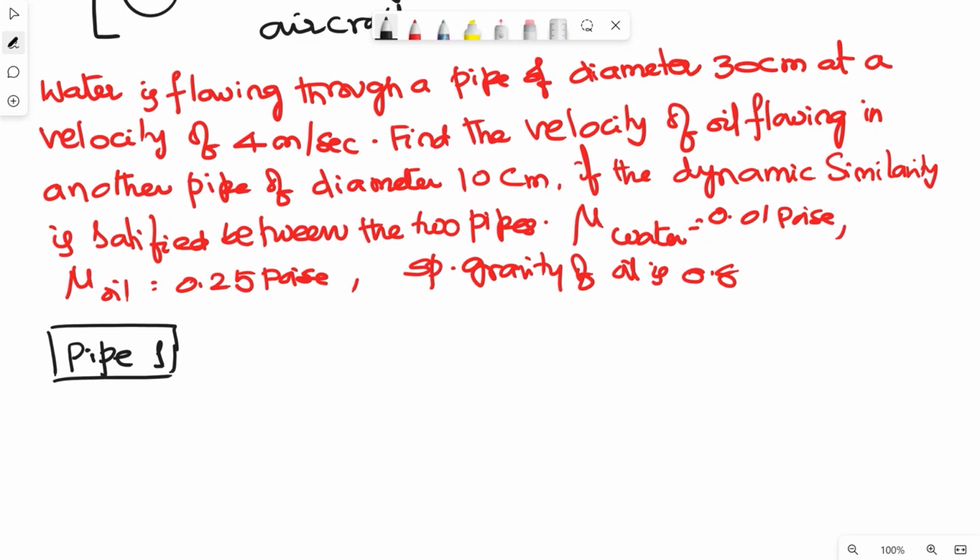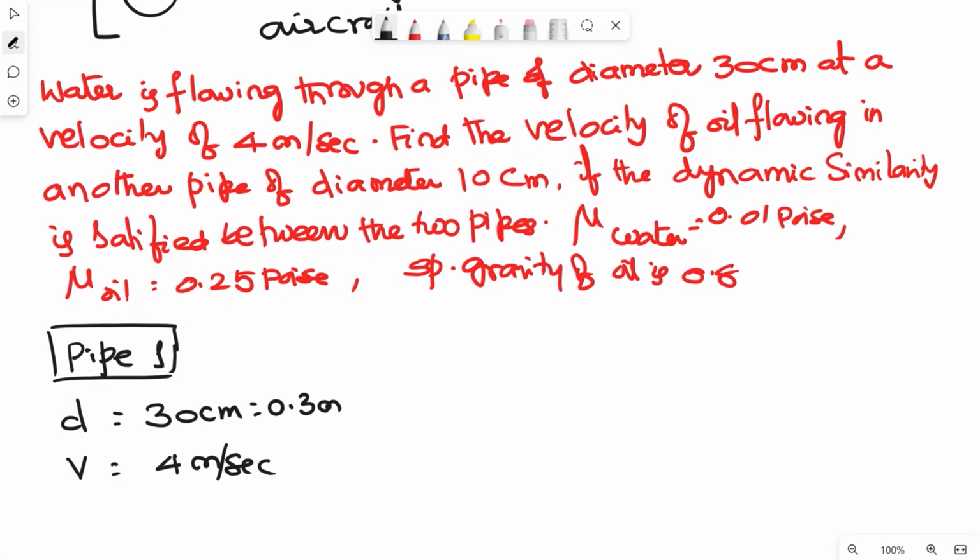What are the things given? Diameter d is equal to 30 centimeters, which is also 0.3 meters. Velocity is equal to 4 meters per second.